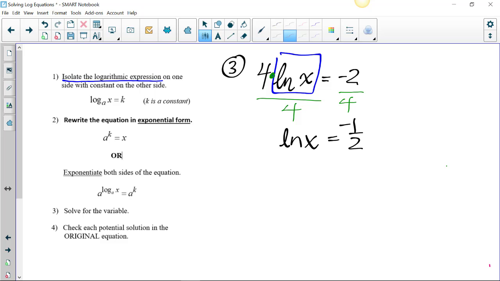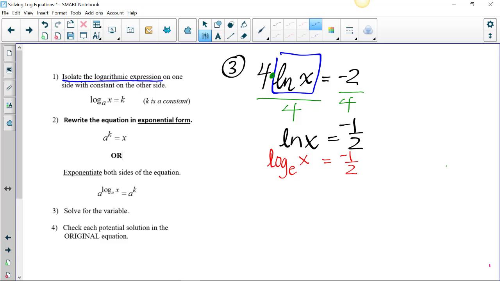Here's where I'm going to go to exponential form now as one way of looking at it. The one thing that I find students have difficulty with is natural log because you don't see a base. So if you need to, rewrite ln as natural log base e of x, then go to exponential form.